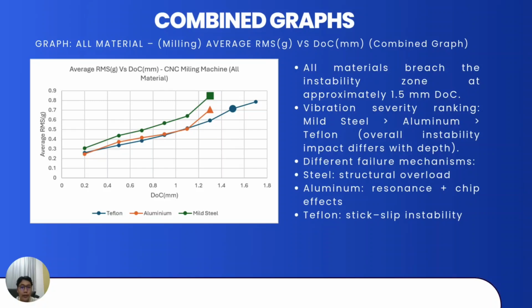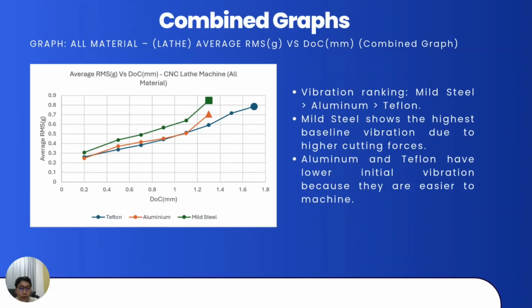Because it comes down to the cutting mechanics. The lathe operates via continuous tool-workpiece contact, which generates continuous cutting force and accumulates structural vibration faster, causing the machine to chatter early.